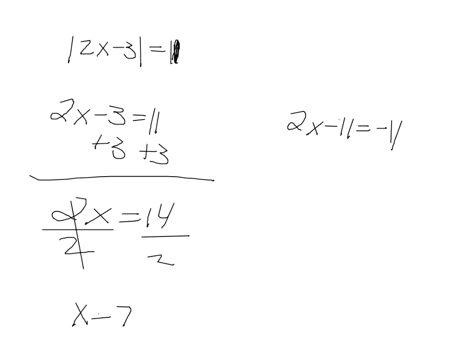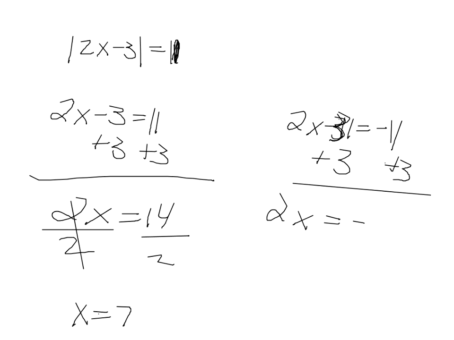And I get x equals 7. Adding 3 to both sides, I get -8, and then divide both sides by 2, I get x equals -4. So I get two solutions, 7 and -4.